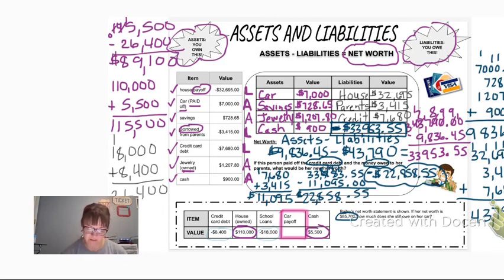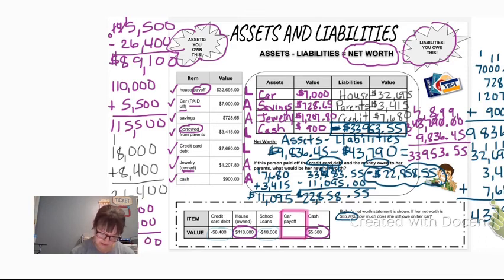But we know from the problem that her net worth is actually 85,700. So what I need to think to myself is that car payoff is a liability. I need to think, well, what would that need to be in order to bring that 89,100 down to 85,700? So I'm just going to subtract 89,100 minus what her net worth really is, 85,700. 0 minus 0, 0 minus 0.